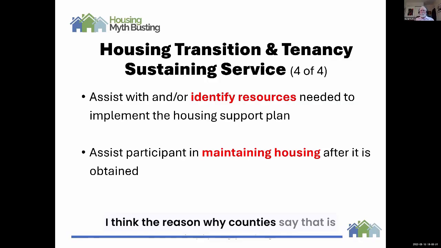I think the reason why counties say that is because they are so embedded in this model where if the individual is complex in their care needs, if the parents are older, the alternative is group home or maybe life sharing, and that's it, and that's how they see things, and everything else is too scary, and they don't want to deal with that because they have this idea that if you get into a group home, you will be safe.